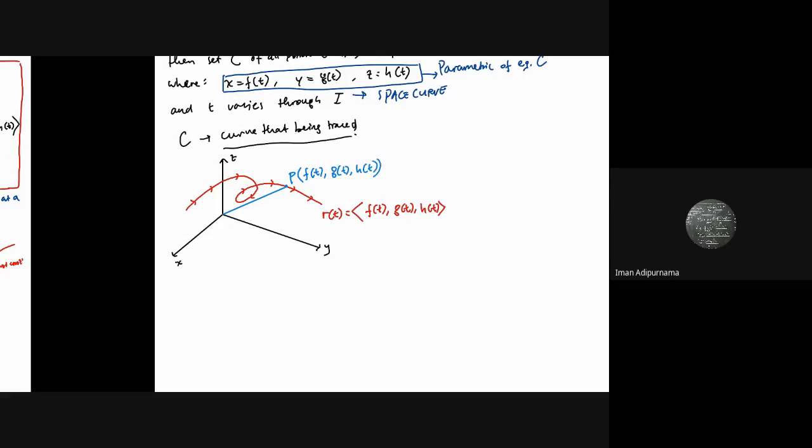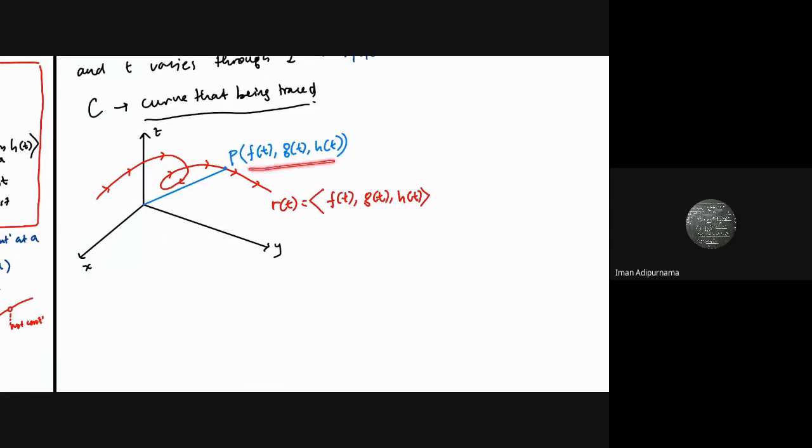It seems similar to the earlier one, but it's different. Here the position vector changes throughout the curve.